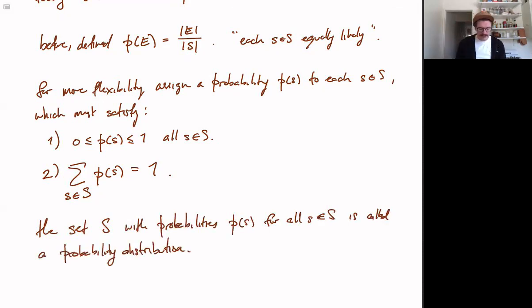Which you can think of as, where does this word come from? We're essentially saying that the probability, we are allowed now to distribute it in various ways among the elements of our set.